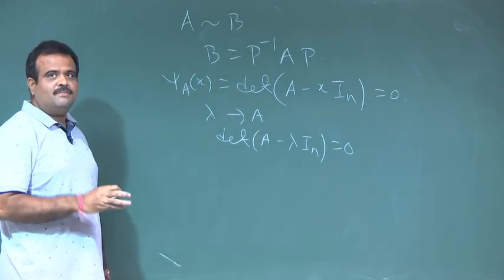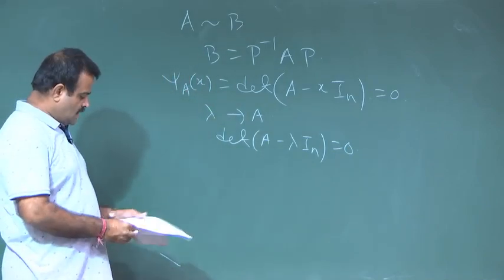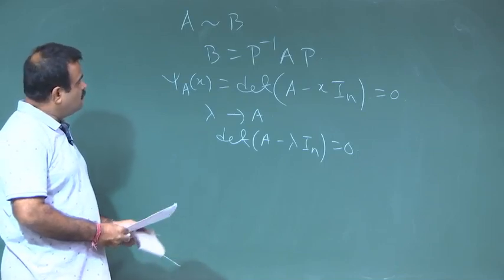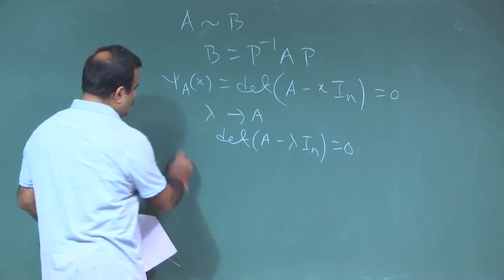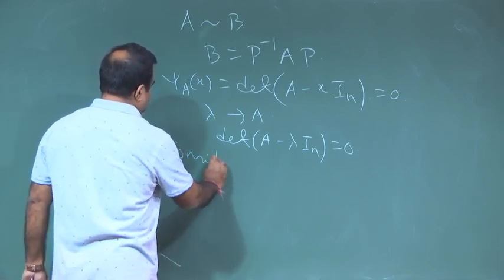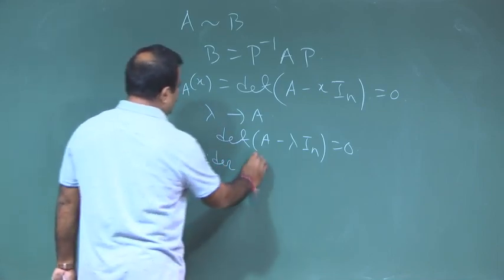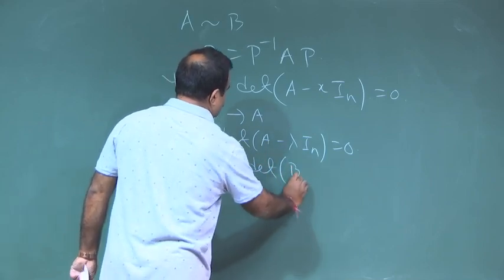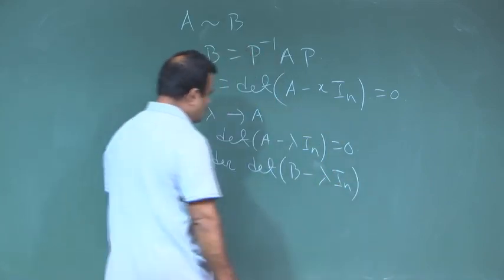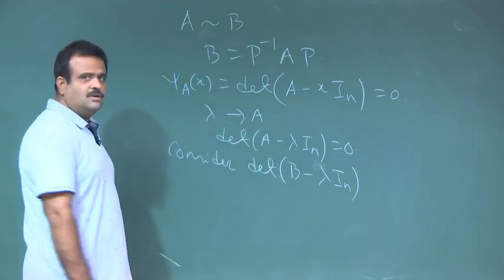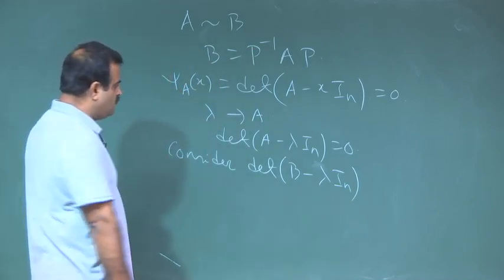Then we have to show lambda is also an eigenvalue of B. For that we consider the determinant of B minus lambda I n. If we can show this determinant is 0, then lambda is also an eigenvalue of B.